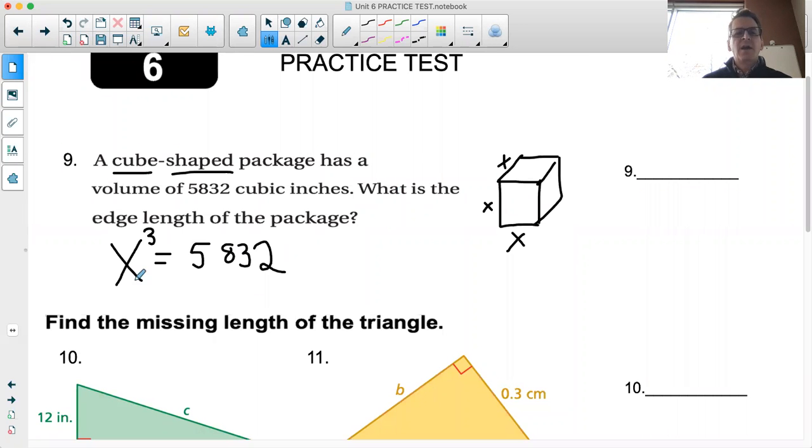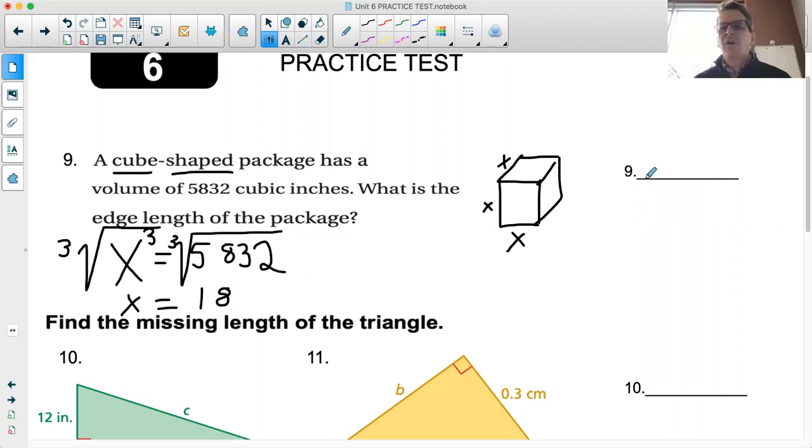Now, when you're looking at a cube of a number equal to a number, to undo the cubing of a number, you take the cube root of it. So we're going to take the cube root of the left side and the cube root of the right side. When you take the cube root of a number that's already cubed, you end up with just X. And if you take the cube root of 5,832, that value is 18.